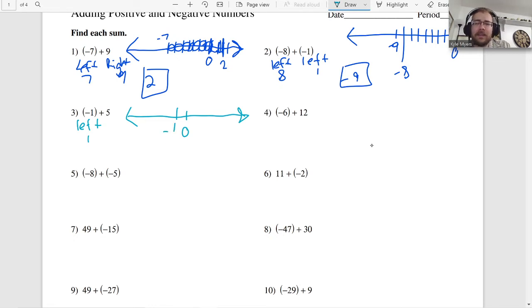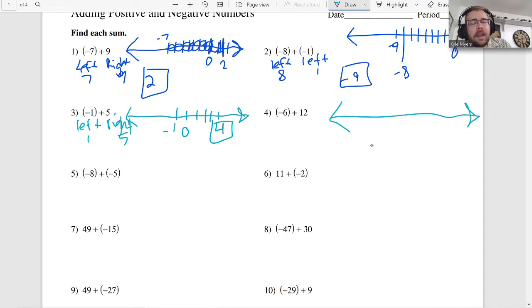So negative 1. And then we go right 5 spaces: 1, 2, 3, 4, 5. That's at 4. So 4 is the answer.